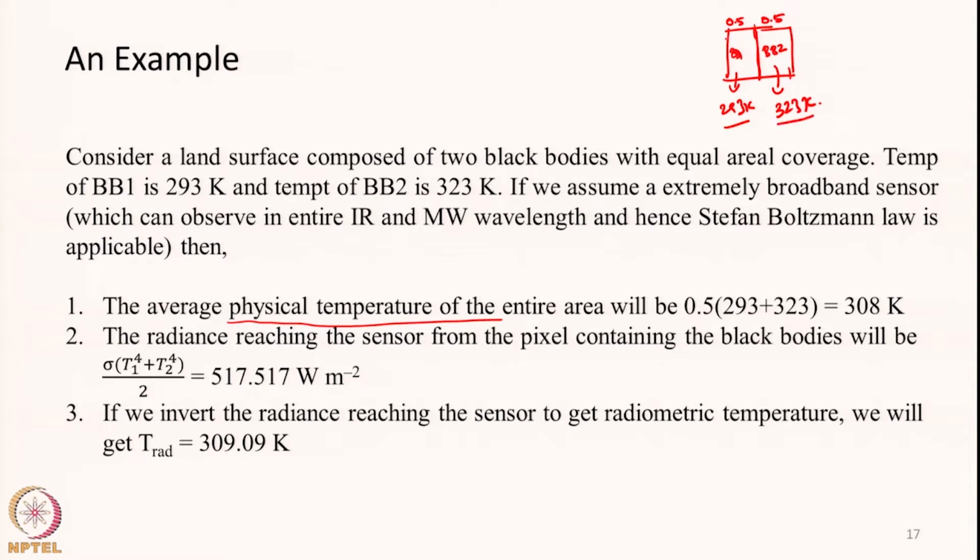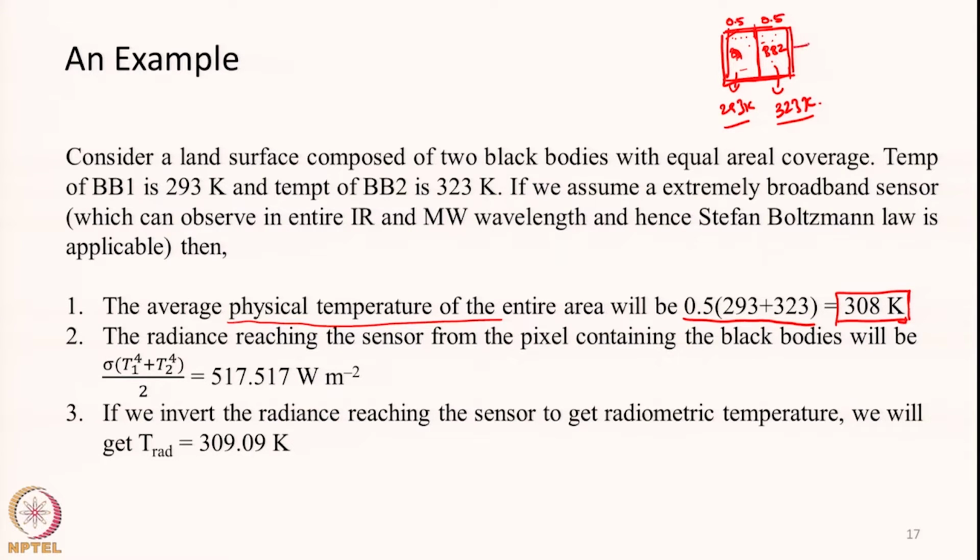So, the true physical temperature of this entire area will be the average of 293 and 323, which gives you 308 Kelvin. If we physically take a thermometer, measure at many different points within this area and calculate an average out of it, most likely we will end up with this value, 308 Kelvin. So, this is the average physical temperature.